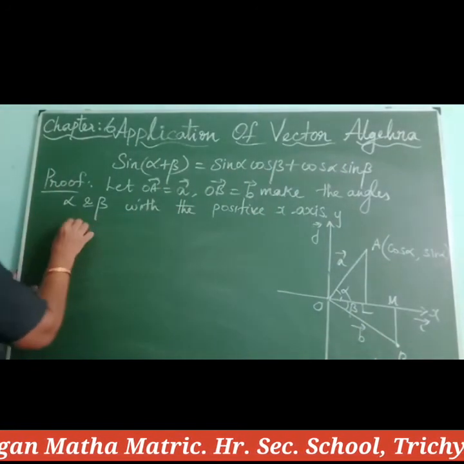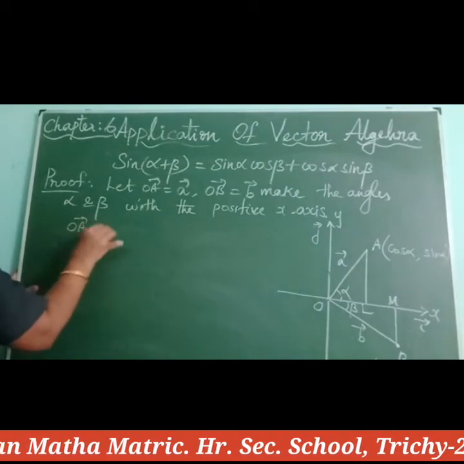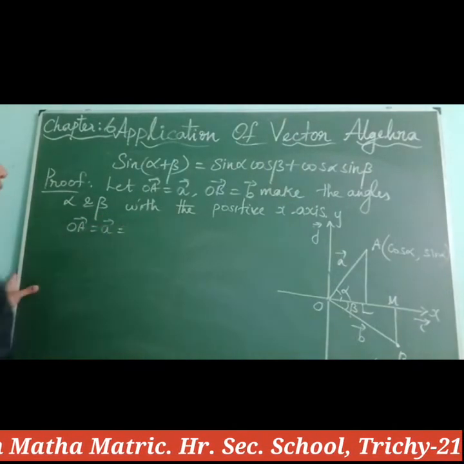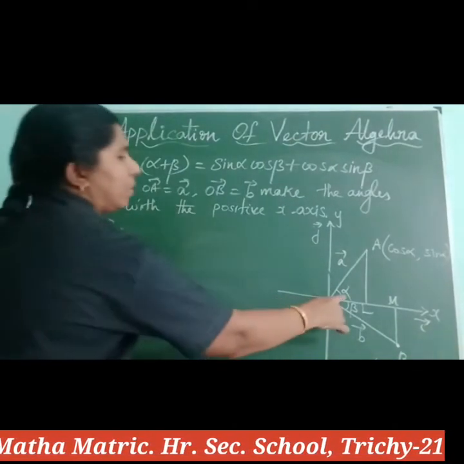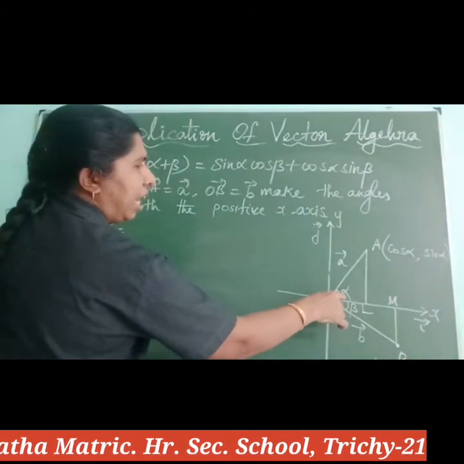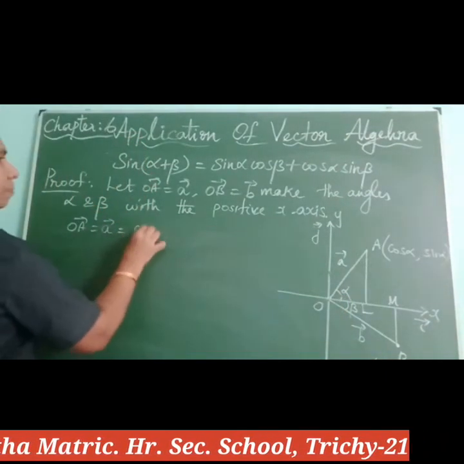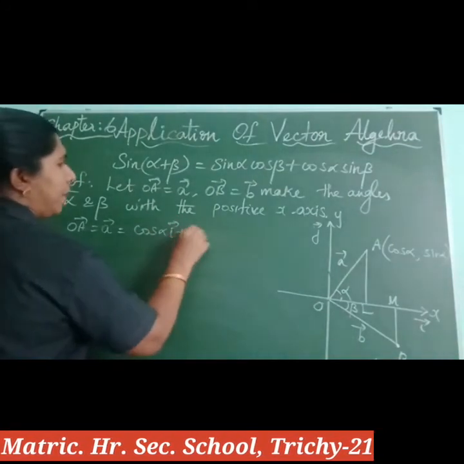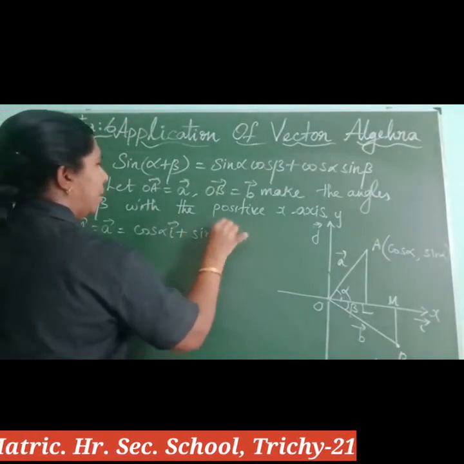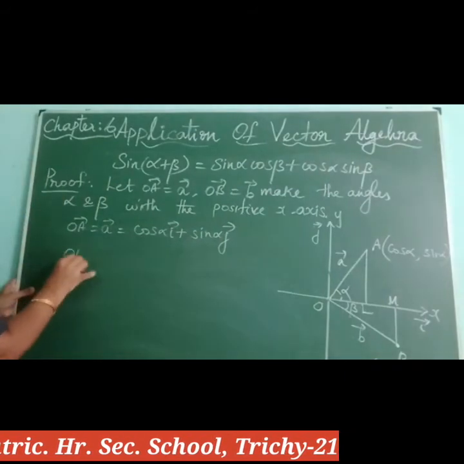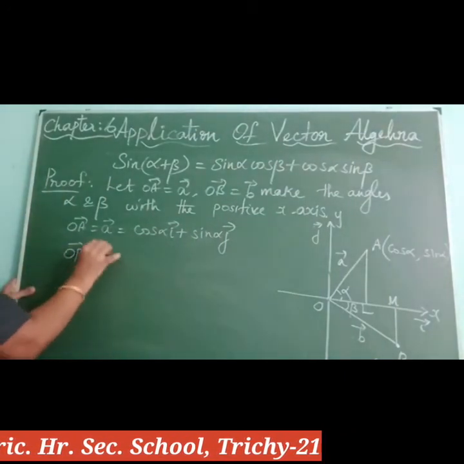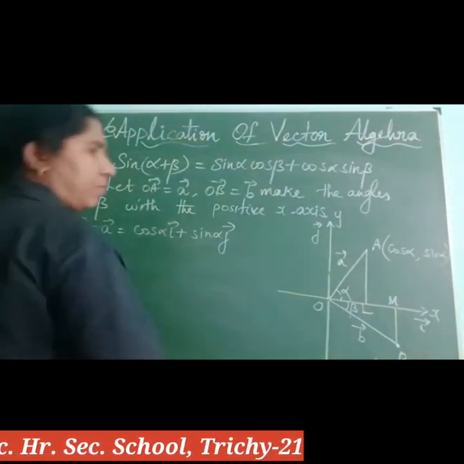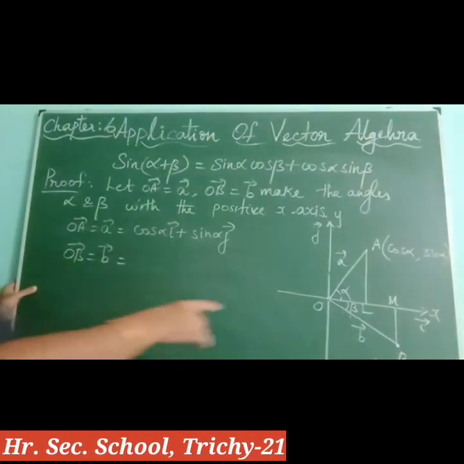Now we can write OA vector is equal to A vector. Considering the angle alpha, we can write cos alpha i plus sin alpha j. OB is equal to B vector. For the previous question, we wrote it the same way.